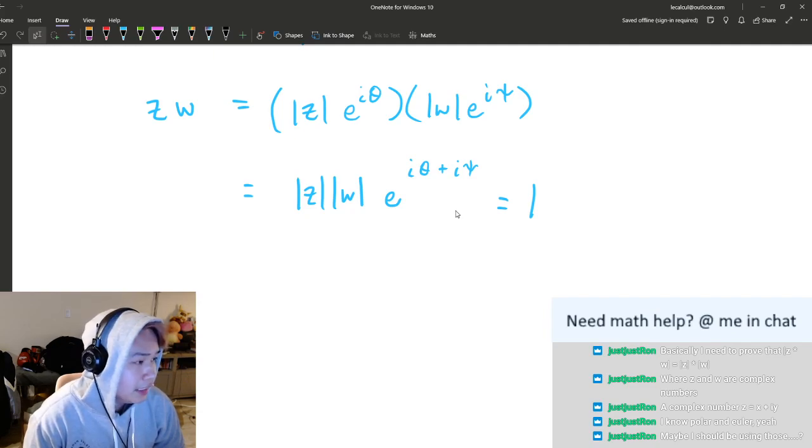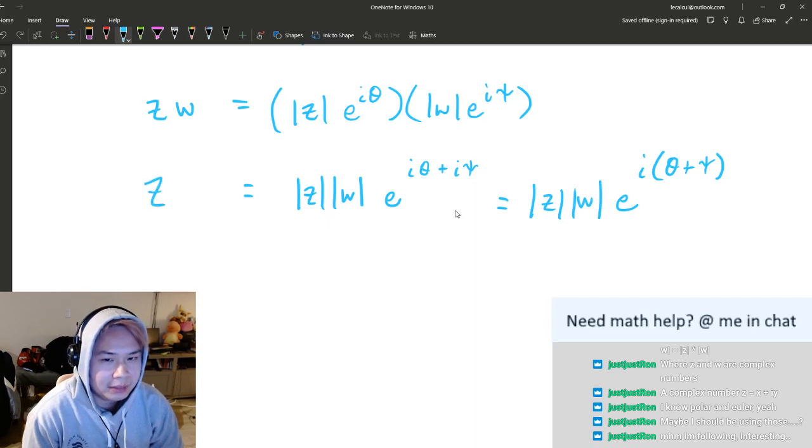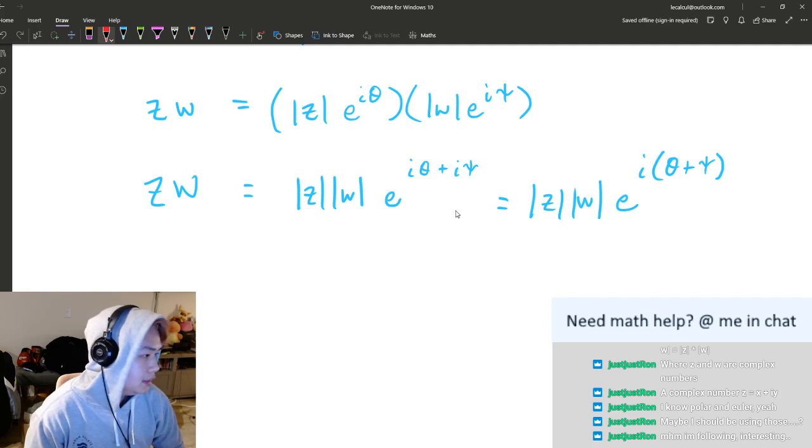The absolute value of z times the absolute value of w, well, we can just keep them that way. We can factor out the i. And then you're basically done, right? This is the Euler form of z times w.